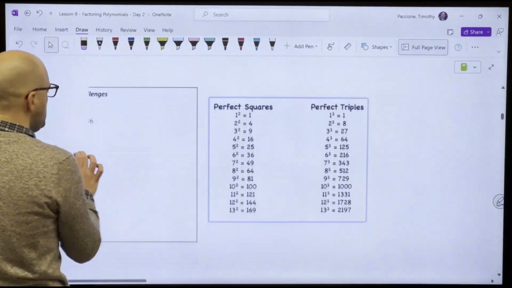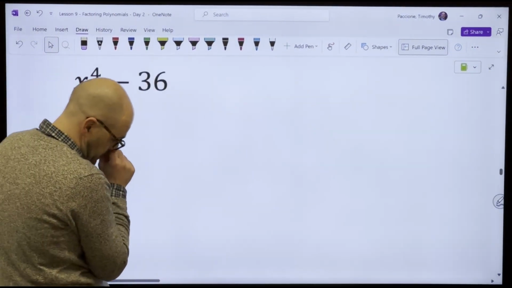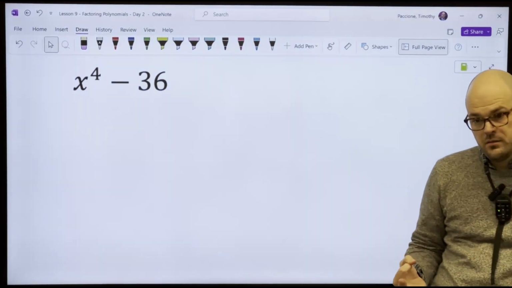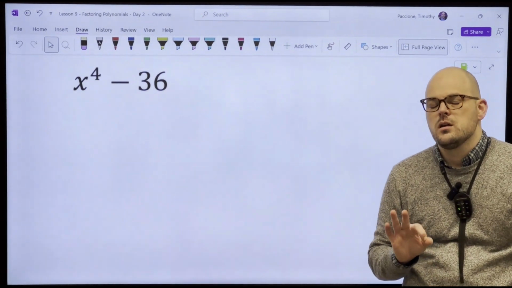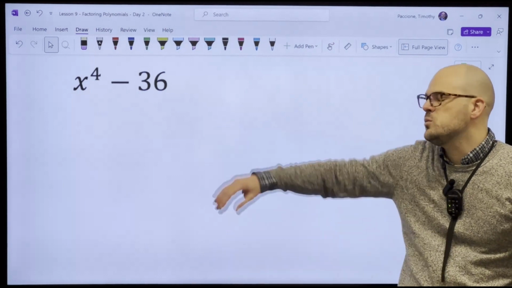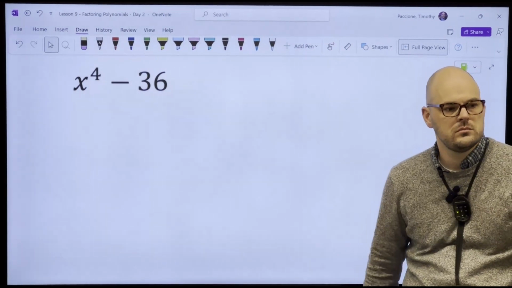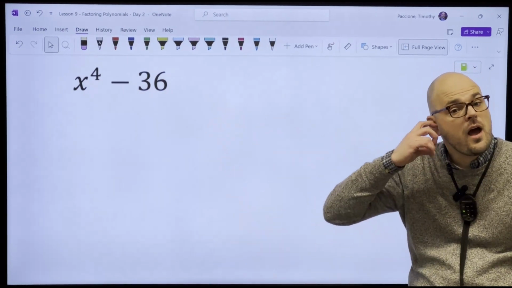All right. So, x to the fourth minus 36. This is actually something that you've seen, even if you don't realize it. Okay? What do we notice? Start with the 36. What kind of number is 36? Hannah? It's a perfect square. What is a minus? What do we call that?